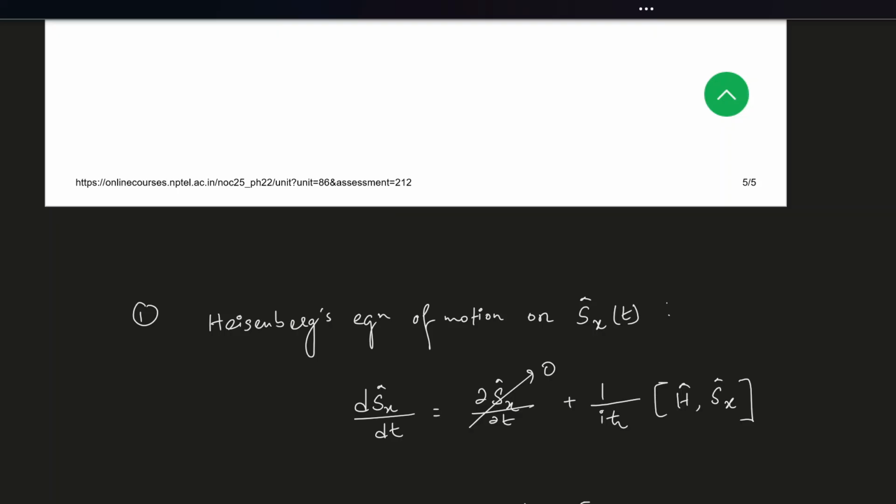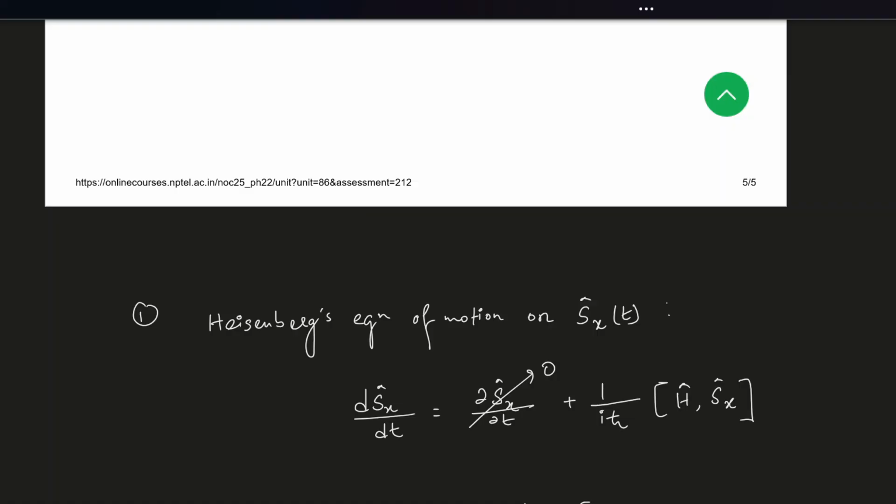Now in the question they have already provided us with a form of Hamiltonian, which is H equal to minus qB by mc Sz cap.